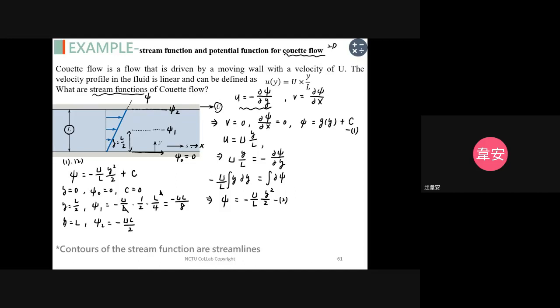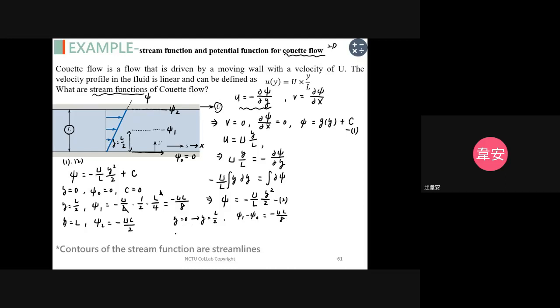Okay, and you see the difference: from y equal to 0 to y equal to L over 2, the stream function difference from ψ0 to ψ1 is minus uL divided by 8.